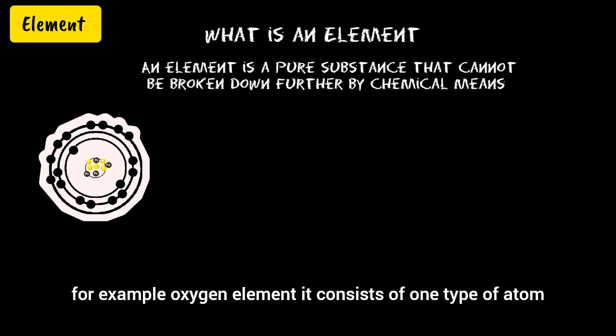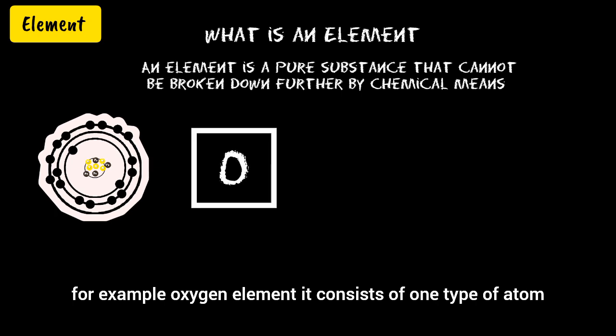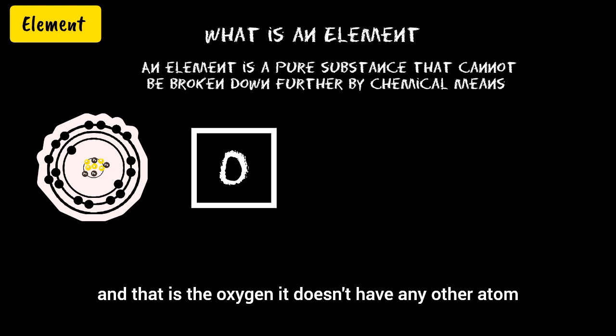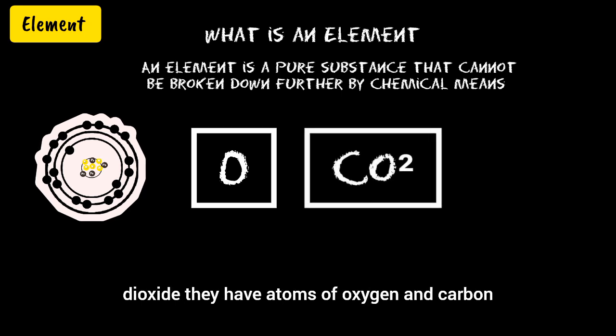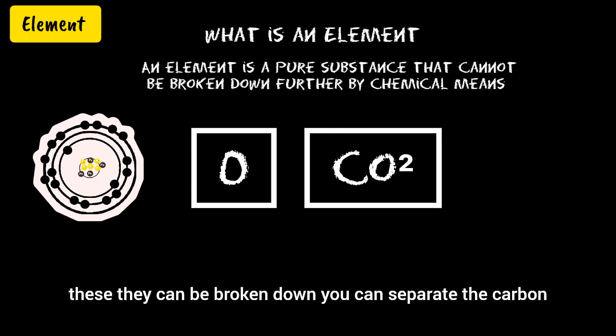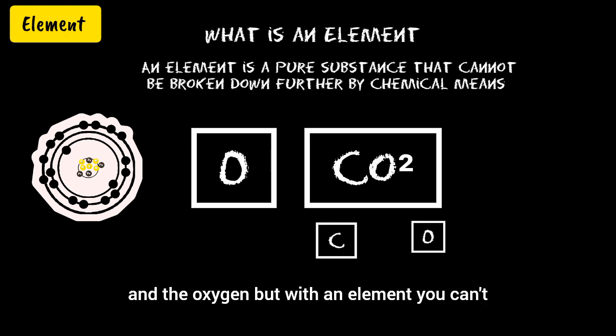For example, the oxygen element consists of one type of atom, and that is oxygen. It doesn't have any other atom. But when you look at compounds such as carbon dioxide, they have atoms of oxygen and carbon. These can be broken down. You can separate the carbon and the oxygen, but with an element, you can't.